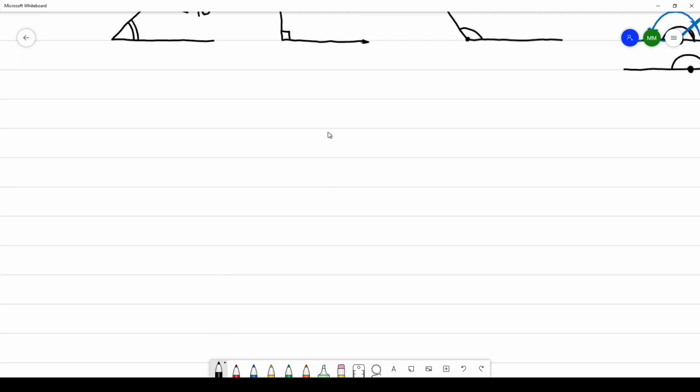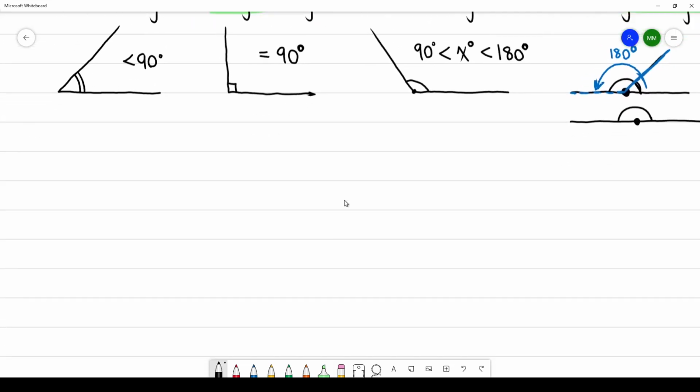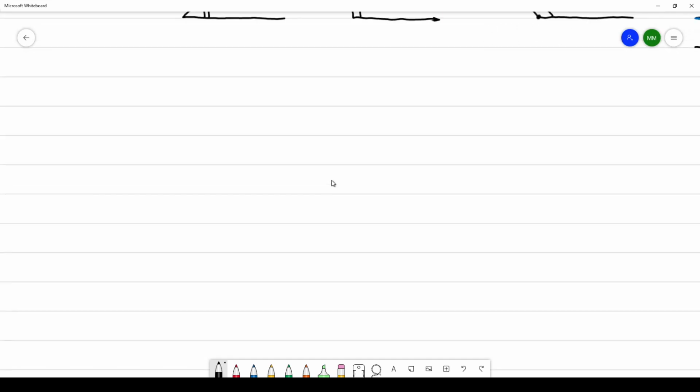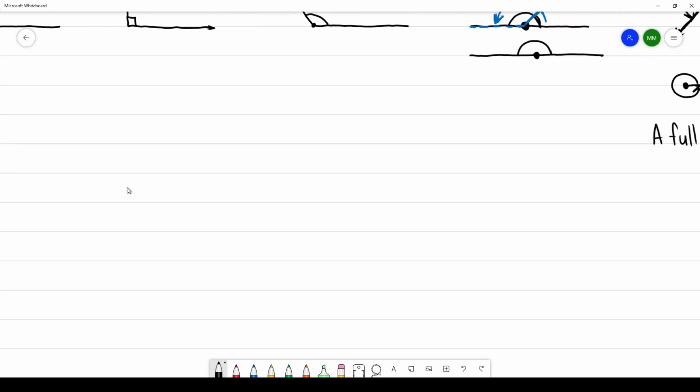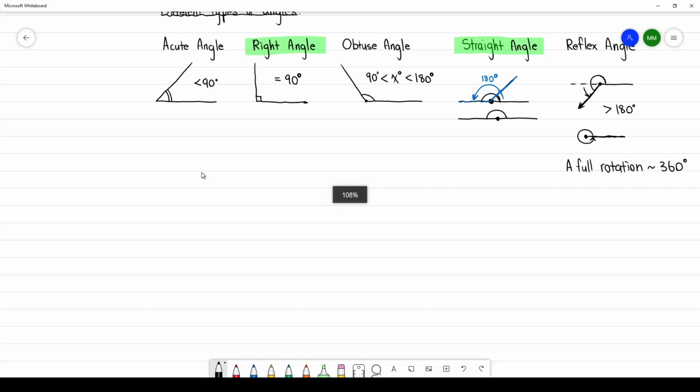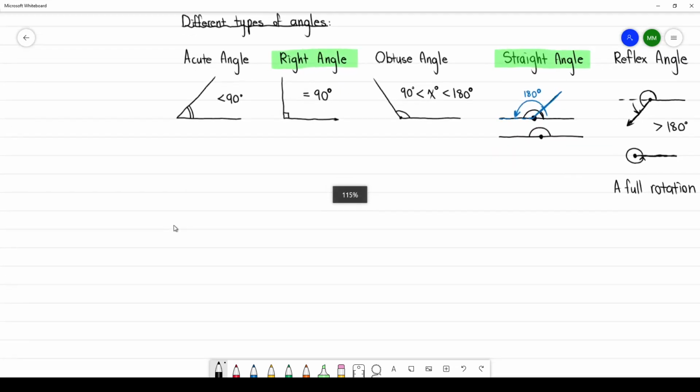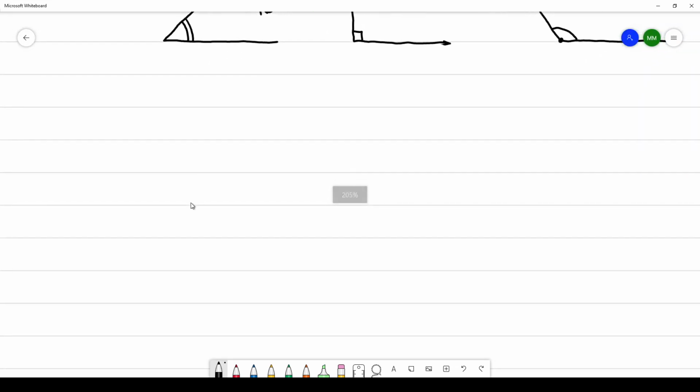With these angles, we have another concept related to them. It is what is called complementary angles and supplementary angles. Complementary angles.